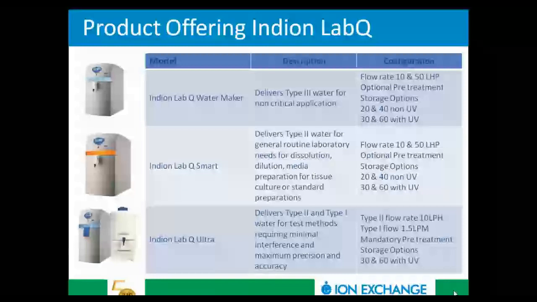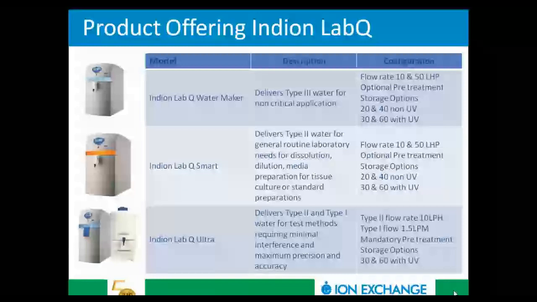We have kept our product offering quite simple. We have three different products: the water maker, the Smart, and the Ultra. Indian LabQ water maker delivers type 3 water, and the Indian LabQ Smart delivers type 2 water, which could be used for the general routine laboratory needs like dissolution and media preparation.